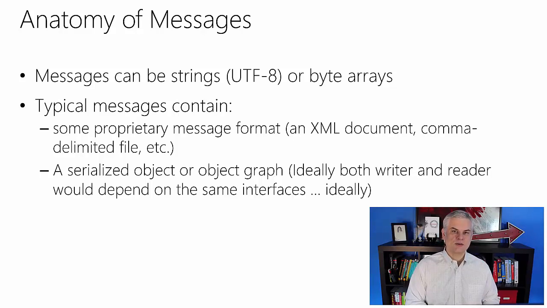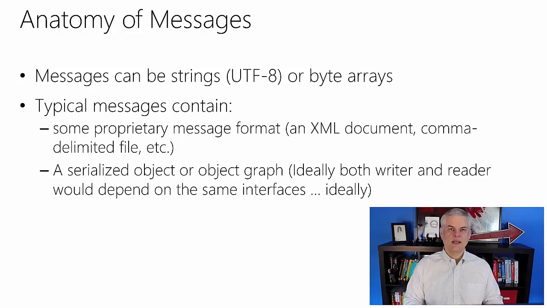Now, if you're going to serialize objects, like I'll demonstrate in a module or two, or an object graph into a queue, then ideally both the reader and the writer would depend on the same interface in that particular case, so that they both know how to work with that particular object graph.